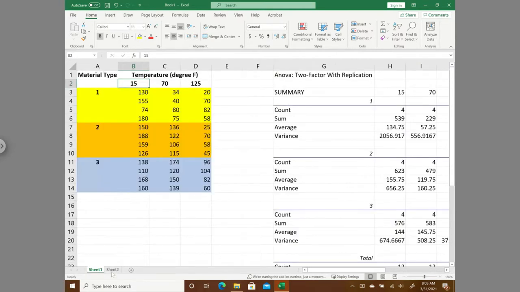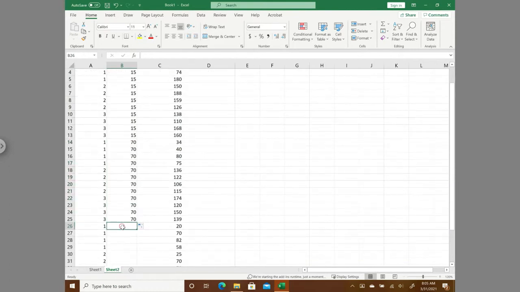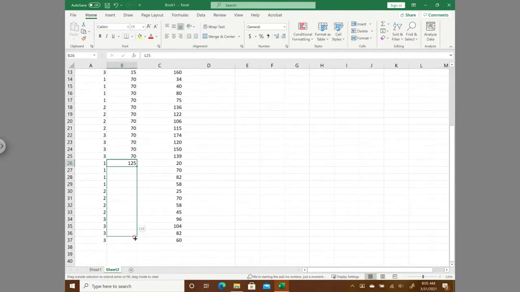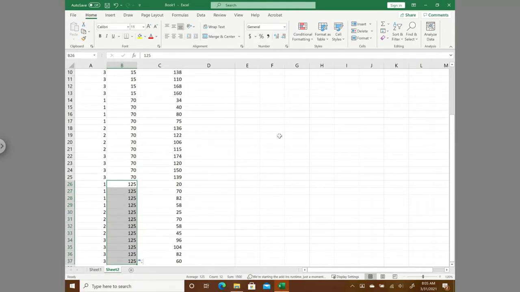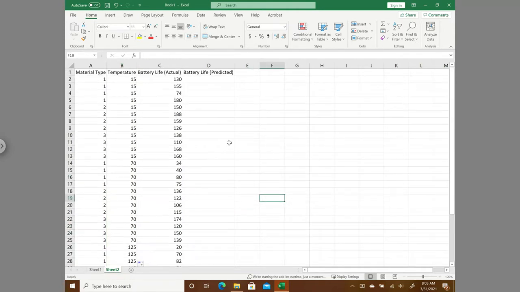Then we have 125 degrees Fahrenheit, and we are going to repeat that also 12 times. So you will see that for 36 observations, we have correctly noted the material type and temperature combination. We shouldn't make any mistakes in this data entry, otherwise one mistake and everything will be wrong in future calculations or in our plots. So looks good to me.